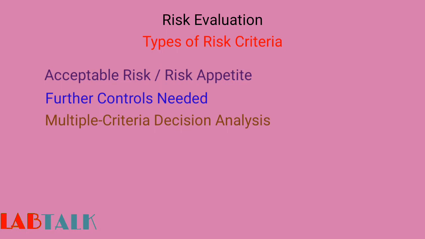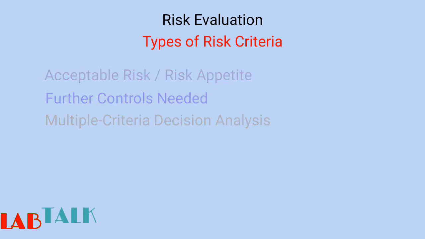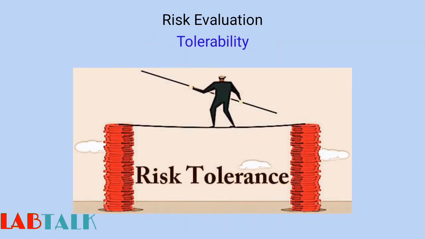In this criteria we use multiple criteria and take multiple decisions, and we analyze the benefit of the risk evaluation or the risk elimination process. So this third criteria uses multiple decisions and multiple criteria to determine the risk management option and how it will be beneficial.